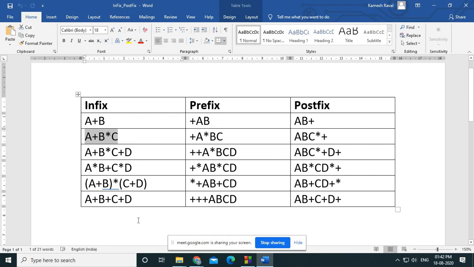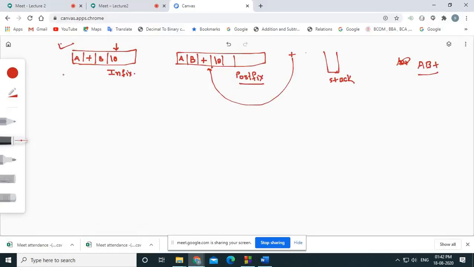The example is A plus B into C. So here we have the expression entered by the user: A, then plus, then B, then into, then C, and then a null character. This is the expression entered by the user.